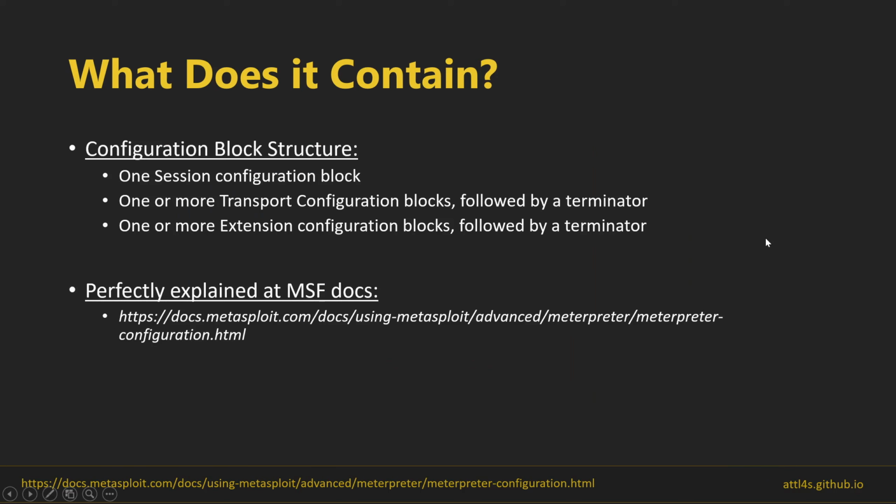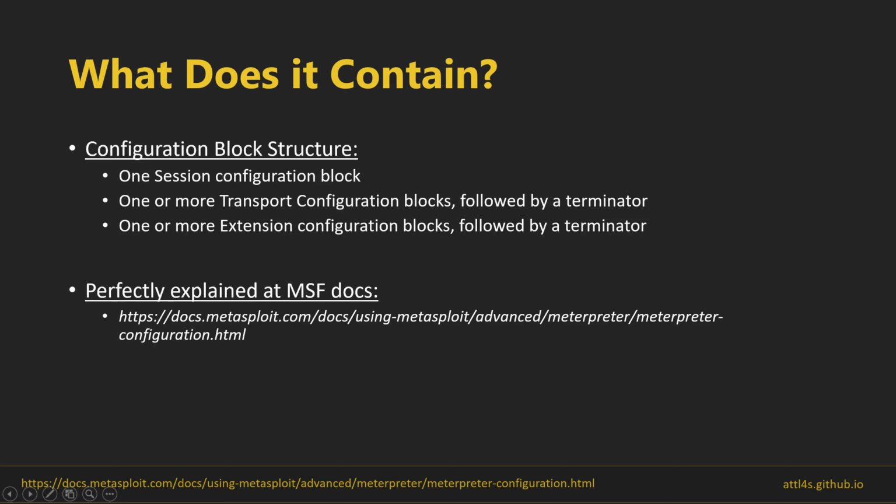Okay. So now the configuration block structure. This is something that the Metasploit documentation explains really nicely, with a lot of details. It essentially has one session configuration block, one or more transport configuration blocks, and one or more extension configuration blocks.